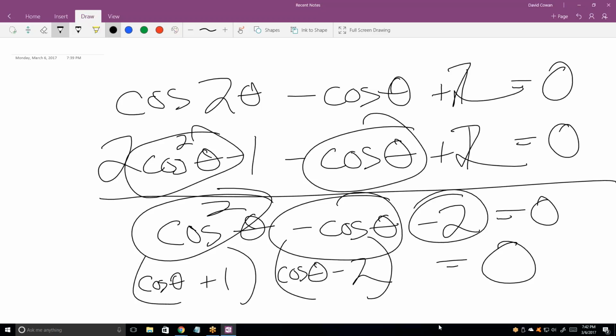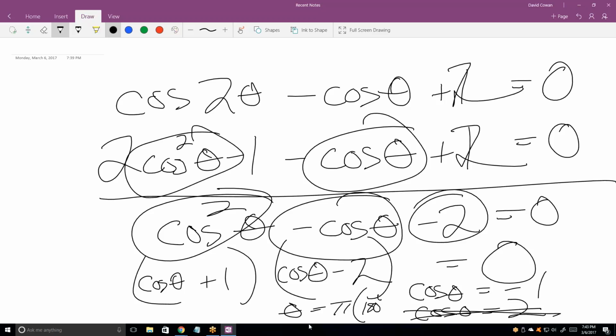And now that I know this times this is equal to 0, well, now I can say cosine theta equals minus 1 or cosine theta equals 2, and since cosine theta can never be equal to 2, I throw out that solution as extraneous, and there's only one place in the unit circle where cosine theta equals minus 1, and that's theta equals pi, or 180 degrees.